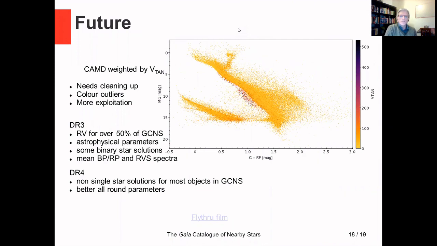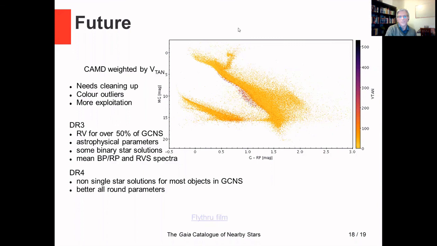The question arises if, for example, you take a look at the color magnitude diagram depicted here and understand that some areas of this diagram are populated by most likely outlier or spurious objects that should not be in these regions of the diagram.